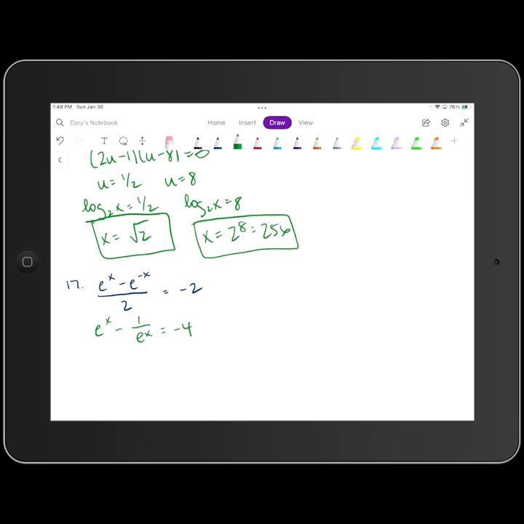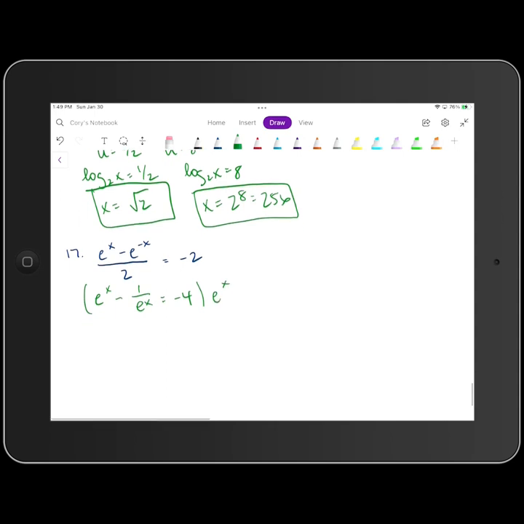However, we've introduced a new fraction here. So if I want to get rid of this fraction as well, I can go ahead and multiply both sides of the equation by e raised to the x power. Okay, so when I distribute e to the x power across all of these terms, we get e to the 2x power minus e to the x power times 1 over e to the x power, which is 1.